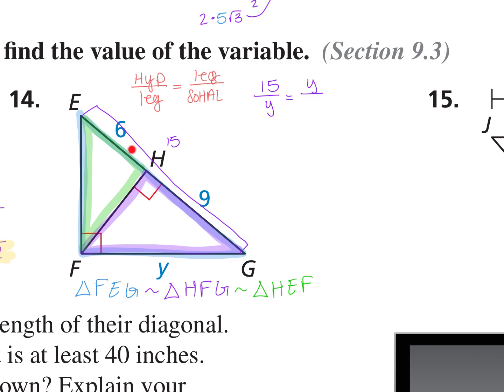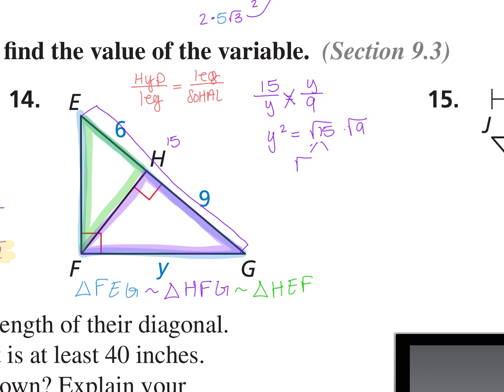So here's my hypotenuse. I have two segments, 6 and 9, but I need the one that's adjacent to the leg. If I'm trying to solve for y, adjacent means next to, and I'm using my 9, not my 6. So y over 9. Now I'm going to cross multiply. You're going to get y squared equals 15 times 9.